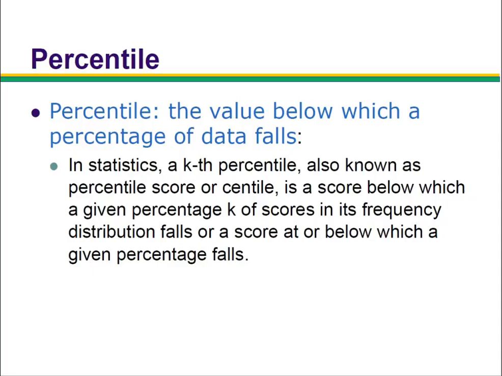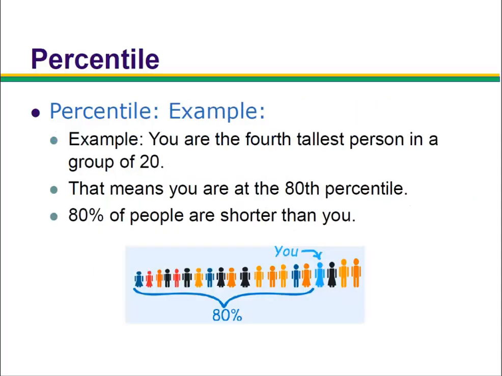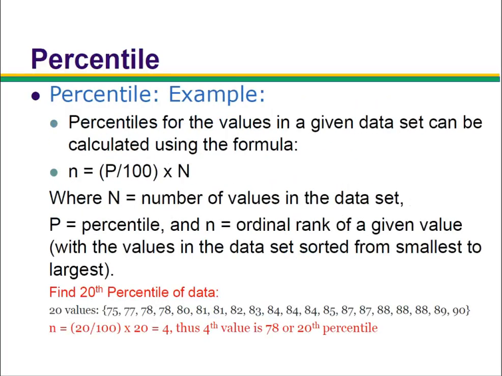To calculate which value corresponds to a given percentile, we use this formula. n is equal to P over 100 times N, where big N is the total number of values, and P is the percentile we're trying to get, and little n is the position of that percentile.